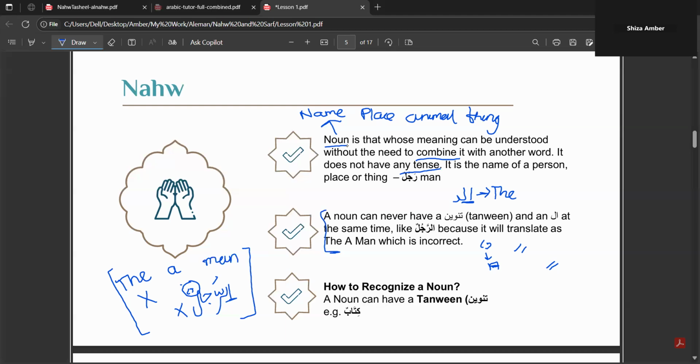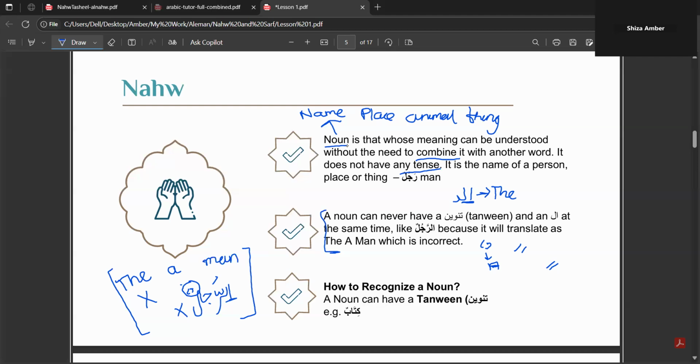Yes, you're right. Maybe you're correct because you must have heard it so many times. But there are four ways as to how we can identify a noun.